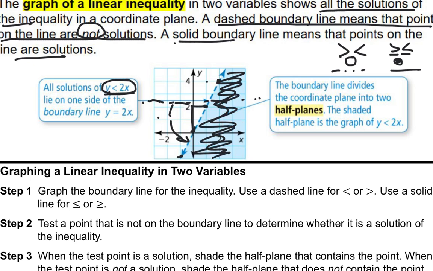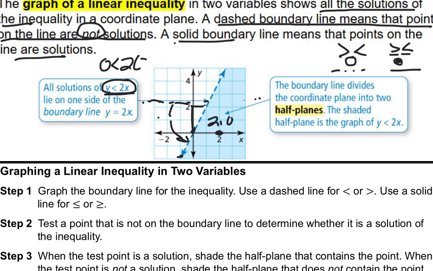So if I pick a point, let's just say this point right here, (2, 0). If I plug that in for x and y, 0 is less than 2 times 2. So 0 less than 4. Yes, that's true, isn't it?